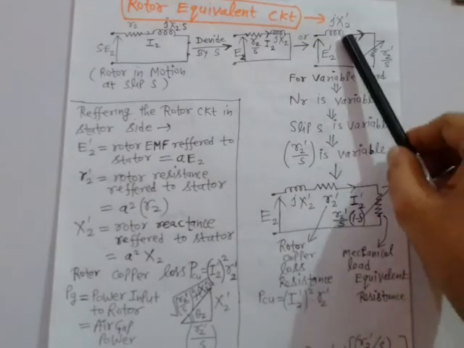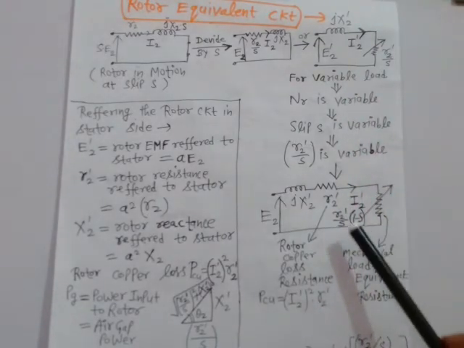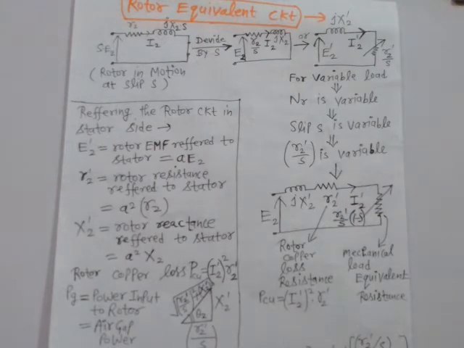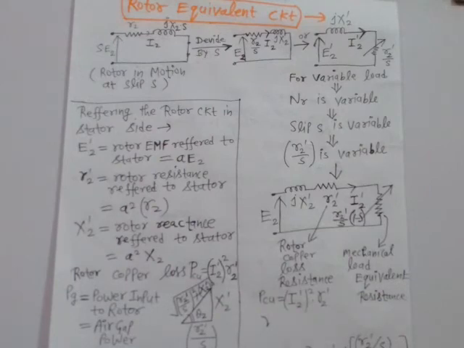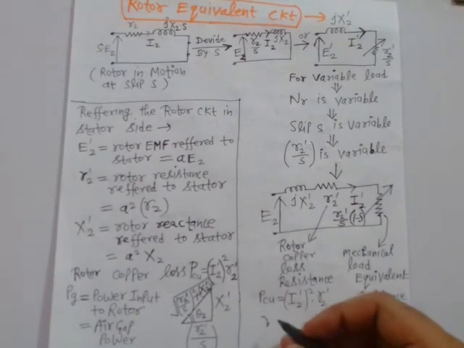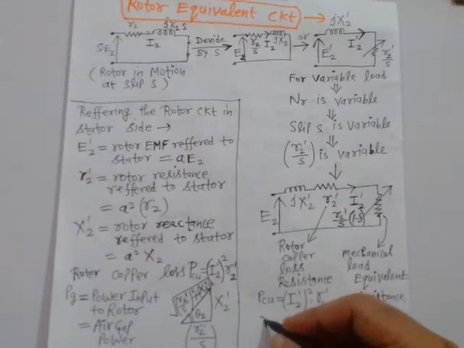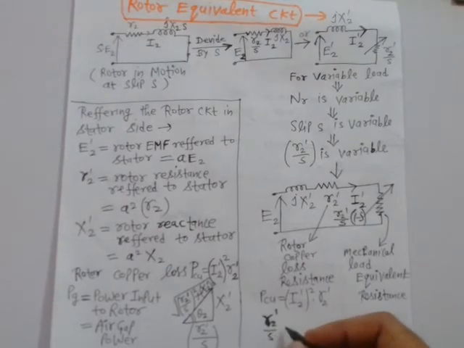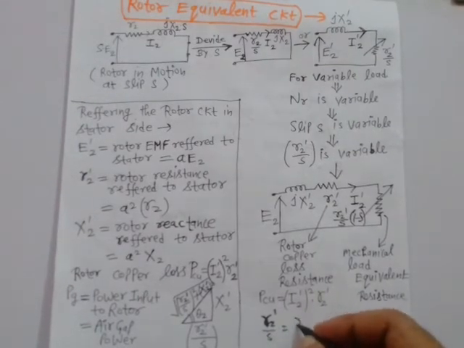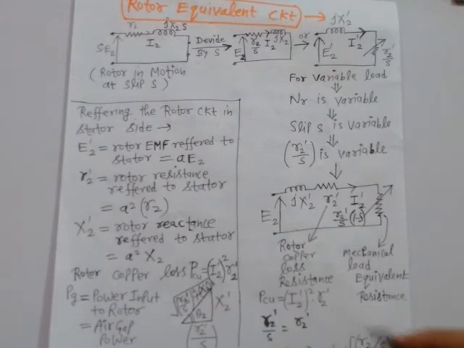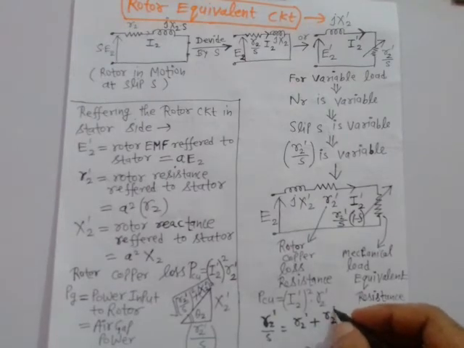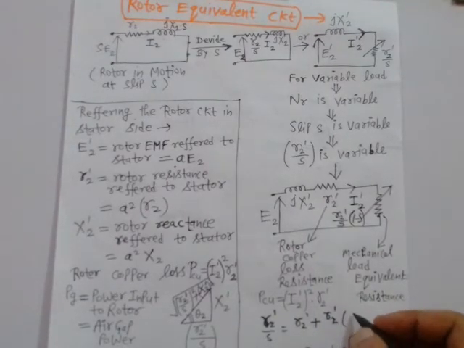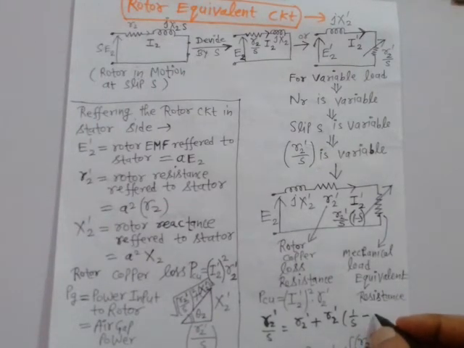Now let me further break this R2 dash by S into two components, right? R2 dash by S can be broken into two parts. See here, R2 dash by S, you can write it as R2 dash plus R2 dash into 1 by S minus 1.